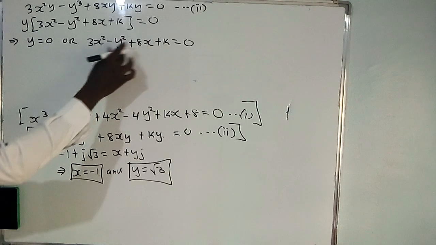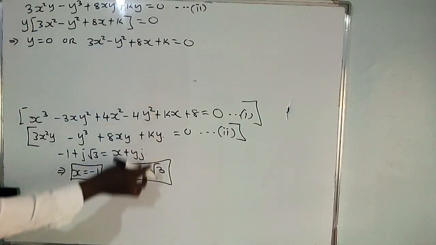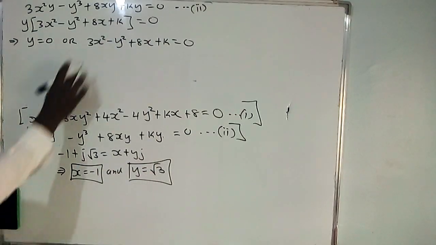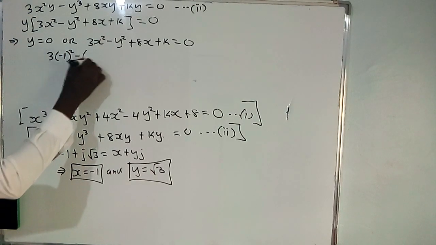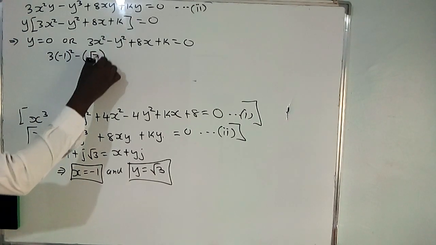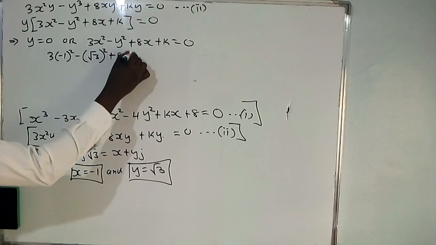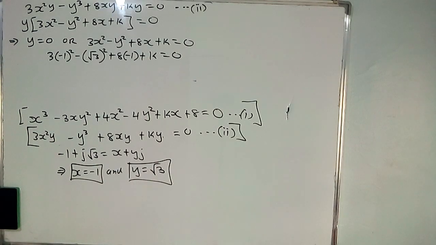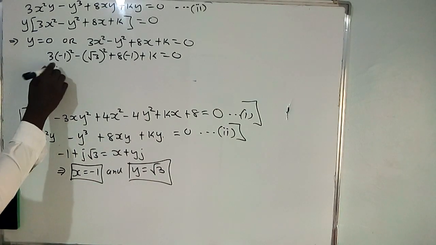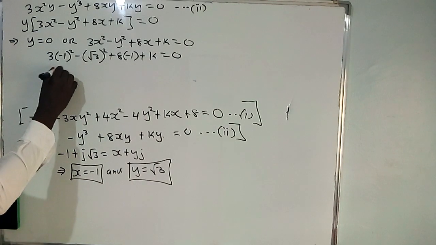Where there is x, you put -1. Where there is y, you put root 3. So we are going to have 3 into x squared, that is -1 squared, minus y squared, that is root 3 squared, plus 8 into the value of x, 8 into -1, plus k is equal to 0. So simplify. -1 squared is 1, isn't it? 1 times 3 is 3.